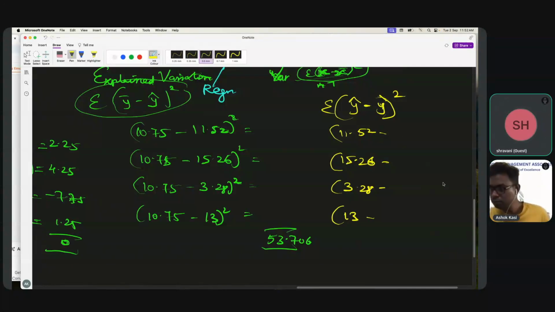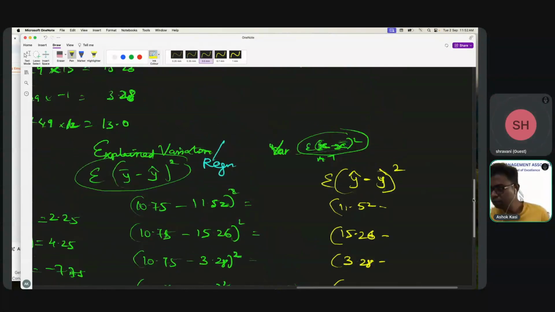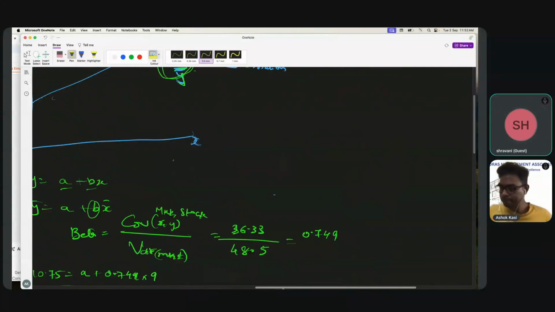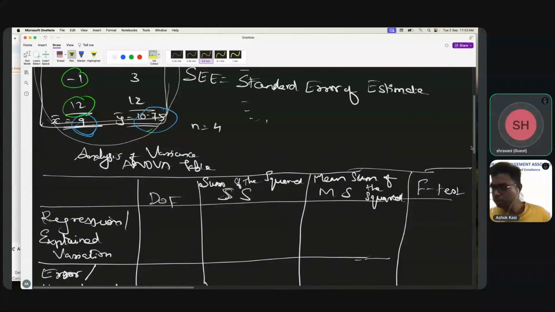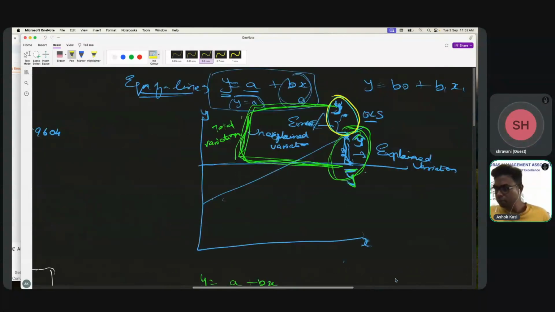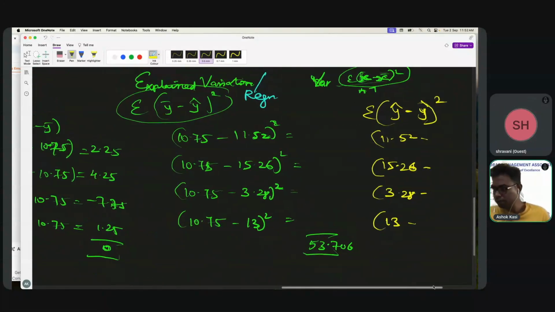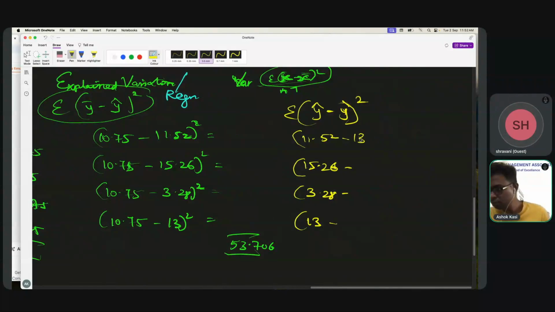Y's value is 13, 15, 3, 12. Calculate now.